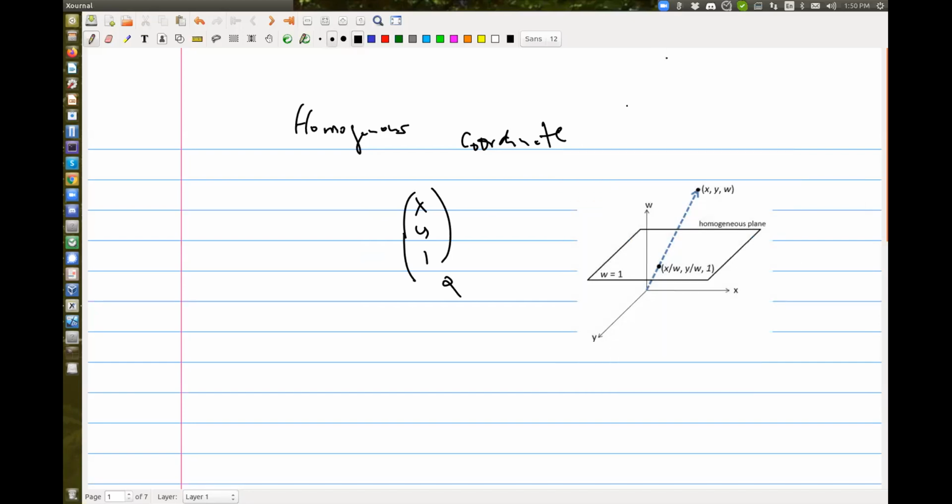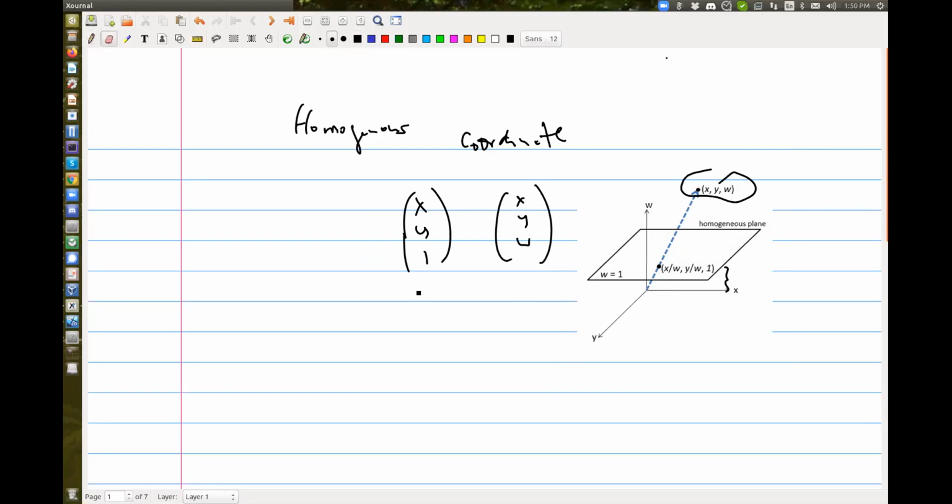So what does that mean? I have basically a new coordinate: x, y, and w, according to this figure. You can think of this point as being in 3D now, and what you're interested in is projected onto this homogeneous plane, where w is equal to 1.